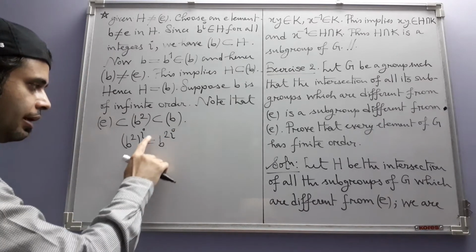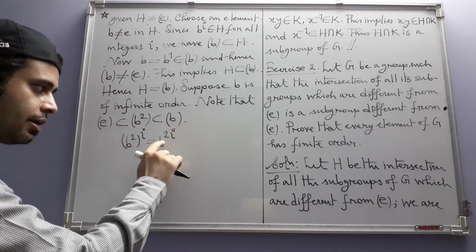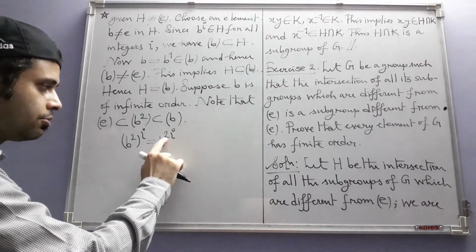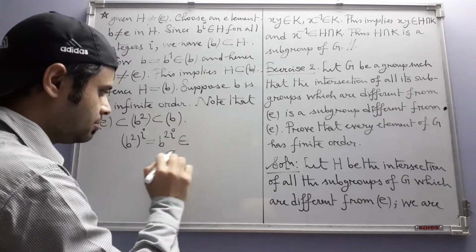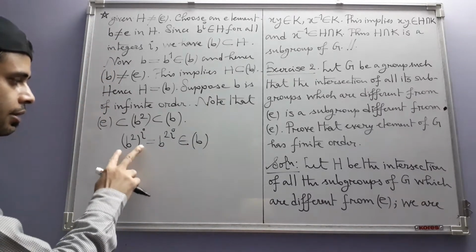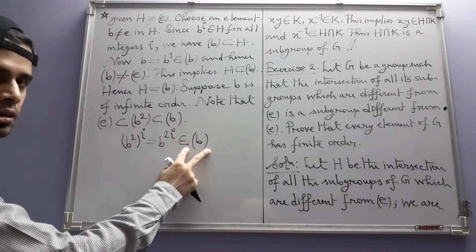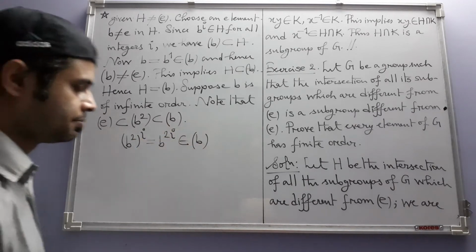So we see that every integral power of b squared is after all an integral power of b, because 2i is also an integer, and by definition of this group, this belongs to this. Hence, every element in this group is in this group, and that's why we have this second containment.